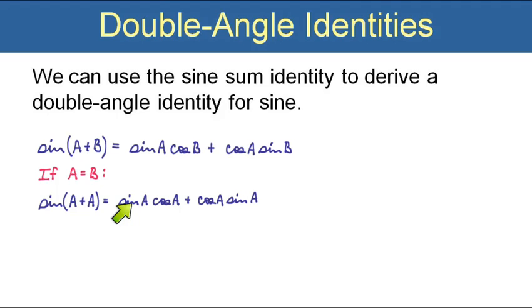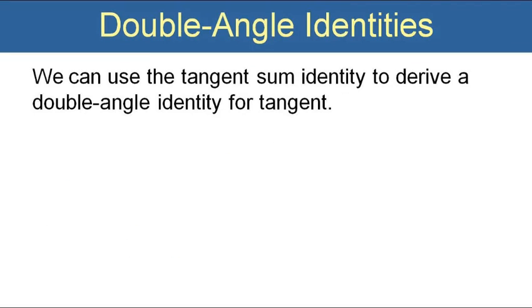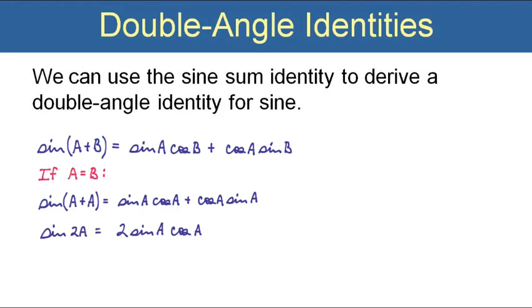And now look, sine times cosine and cosine times sine are the same term. So we have the same term twice. So we can combine terms, and we now have sine of 2a equals 2 sine a times cosine a. So that is the only form of that identity. So sine of 2a equals 2 sine a cosine a, and that's also on your identity sheet.